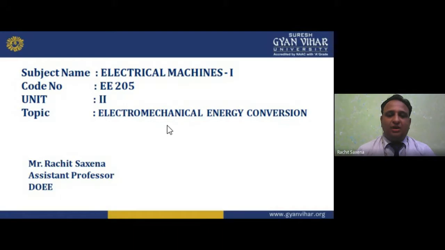As per my previous lectures, the first unit deals with the magnetic circuit and magnetic field, basically how a magnetic field is generated and how a magnetic circuit behaves. We can generate a magnetic field by two processes: one is the permanent magnet, another one is the temporary magnet, that is known as an electromagnet, as per the Biot-Savart law.